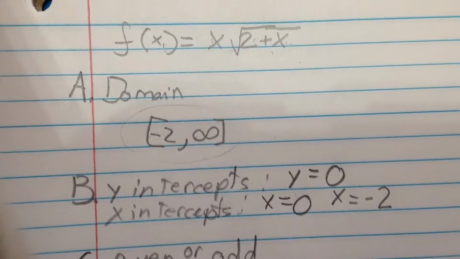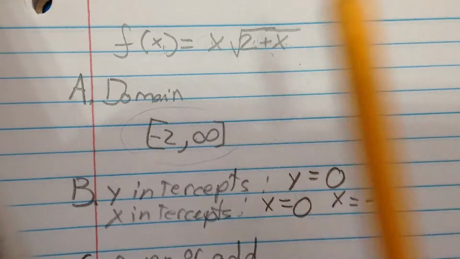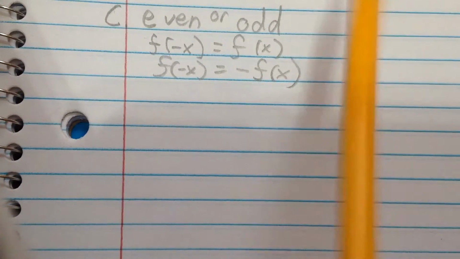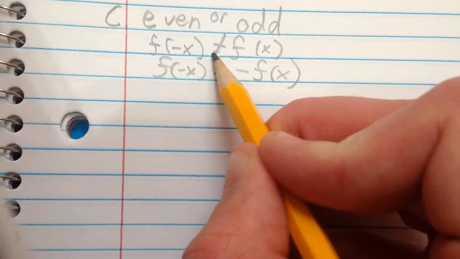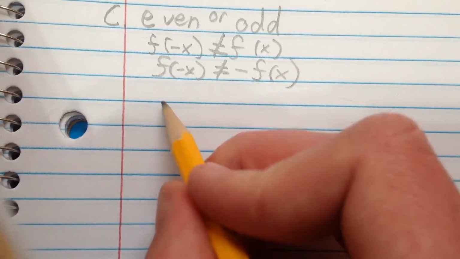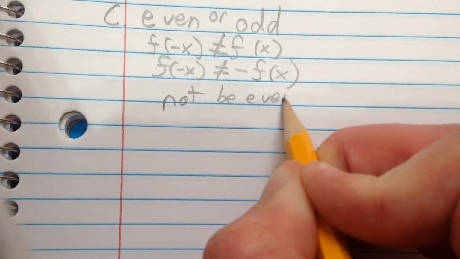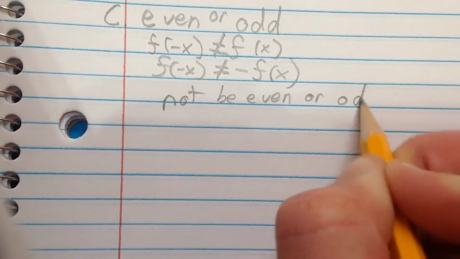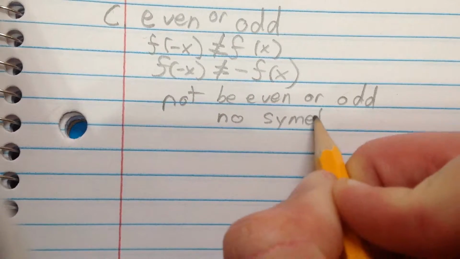Now, you could probably work this out on your own. I'm just kind of speeding things up, but I've already gone through the math, and I can say that none of those things apply. So both of these expressions do not equal each other. So we can say that our function will not be even or odd, and then there is no symmetry.